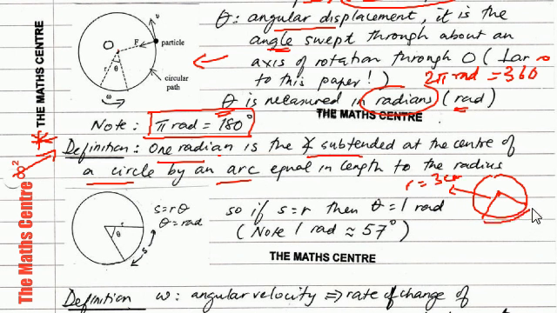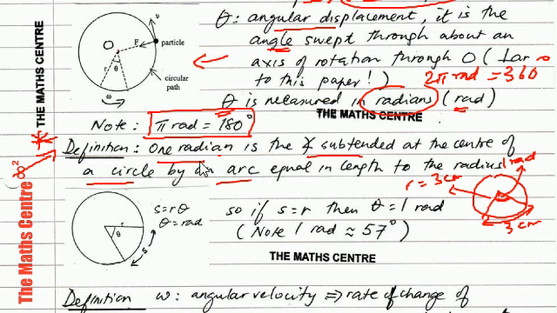Now this arc length here, let's say, is 3 cm. So therefore this angle here will be 1 radian. That's the point. The arc length is equal to the radius. When the arc length is equal to the radius, we say that the angle subtended here is 1 radian.